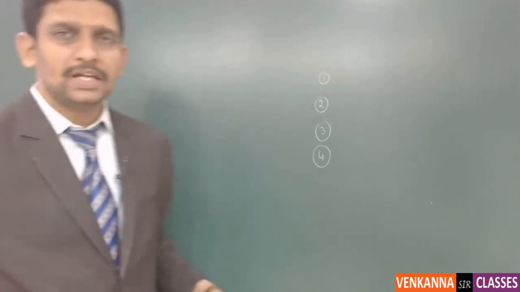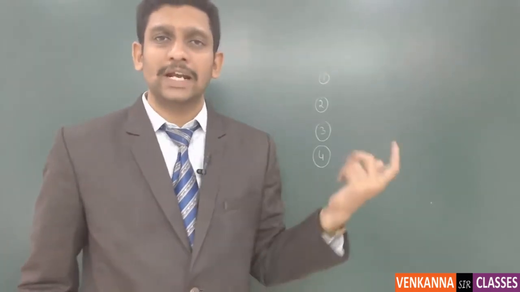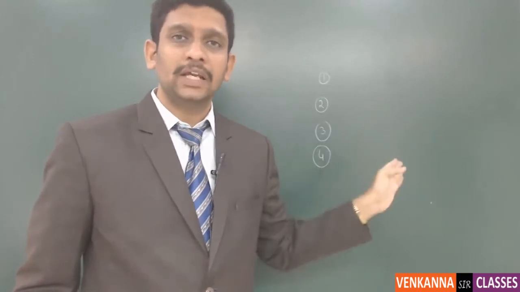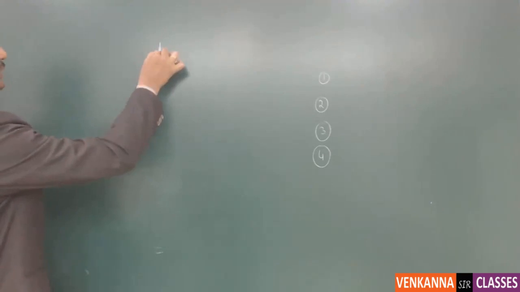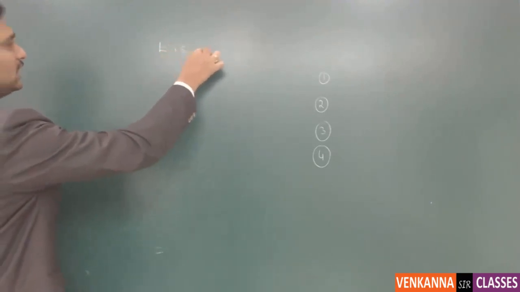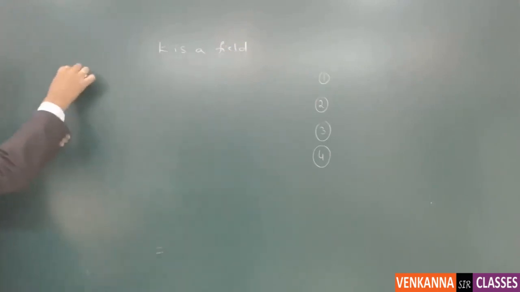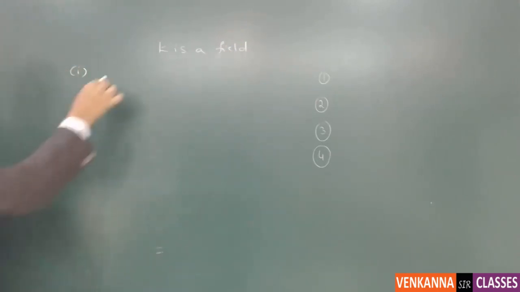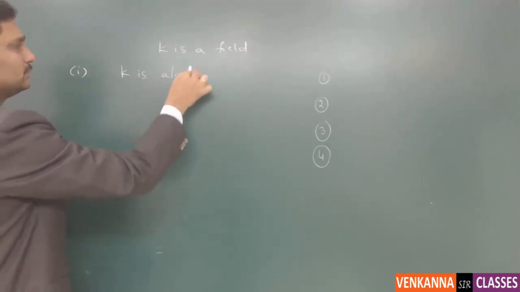It means that if one condition is satisfied by the set, the remaining three will also be satisfied by the set. So these four conditions are equivalent. The condition is, suppose K is a field, let us take that. The first condition is K is algebraically closed.